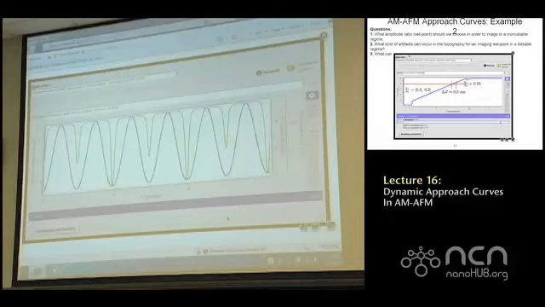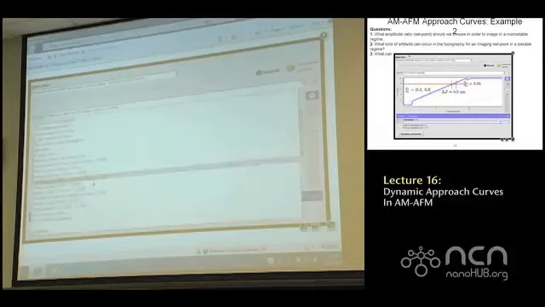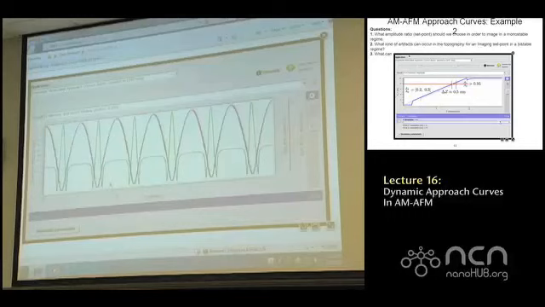And then finally, if we go down to 0.1 A0, here is where we're actually tapping on the sample. You can see this pretty characteristic tip-sample interaction waveform for tapping mode AFM. It has DMT contact.